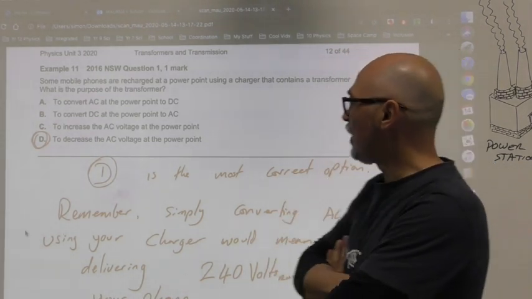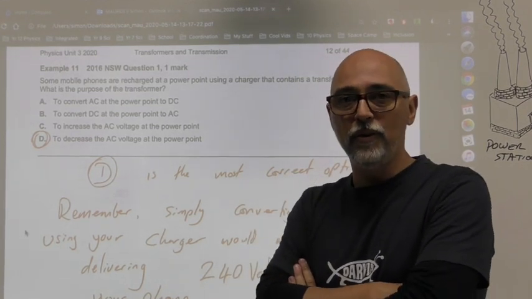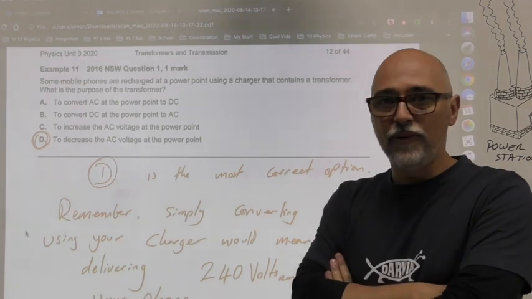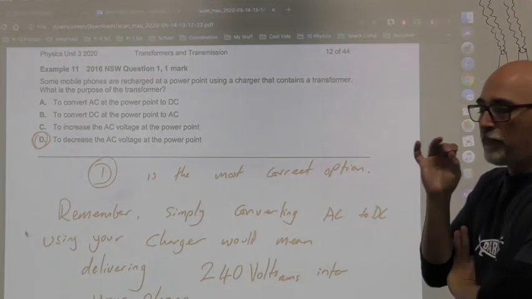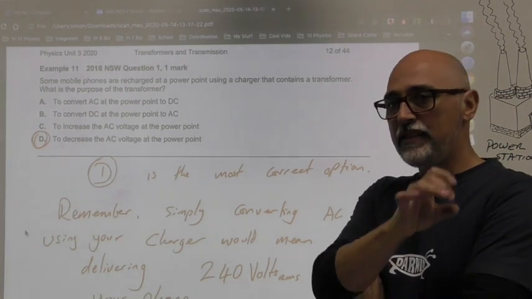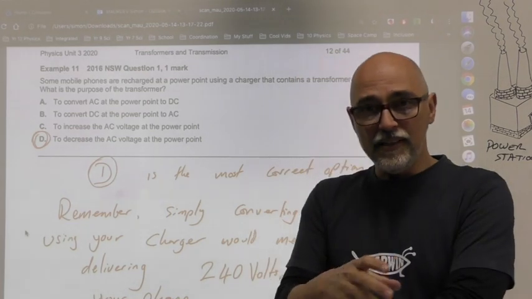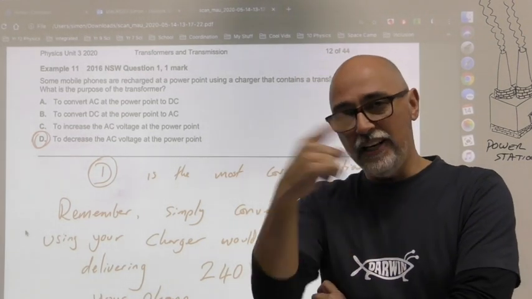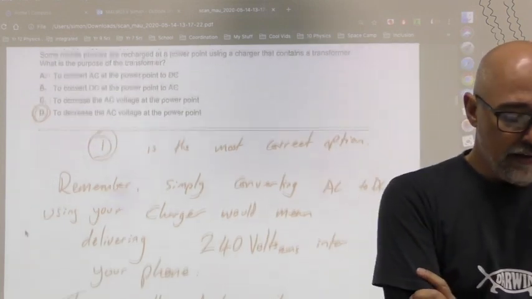Your phone does not need 240 volts. It'll melt it. So the purpose specifically of a transformer is to reduce the AC. There are other components that rectify and turn it into a DC so that it can operate with the battery.